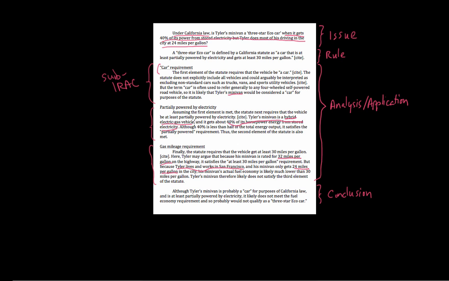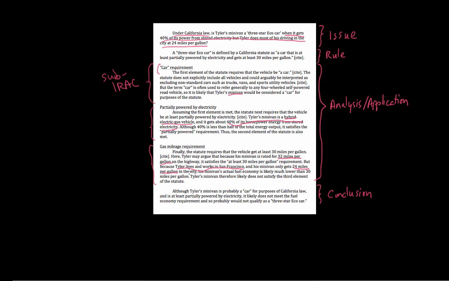So this is tying this paragraph into the context of the overall analysis. It's saying that, okay, assuming the first one is met, now the next thing we would want to address is as follows. And the last sub-IRAC has a transition that says finally. Finally means, okay, we've gone through at least a couple of different elements and we've analyzed each one of those, and this is the last one of those that we're now going to analyze.